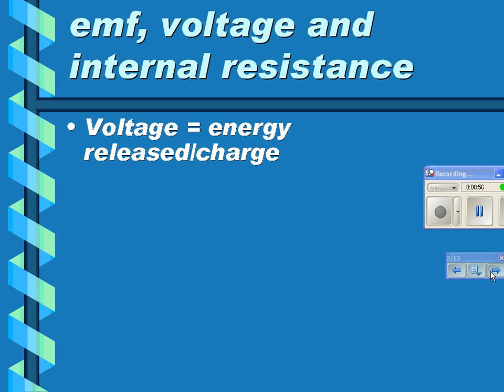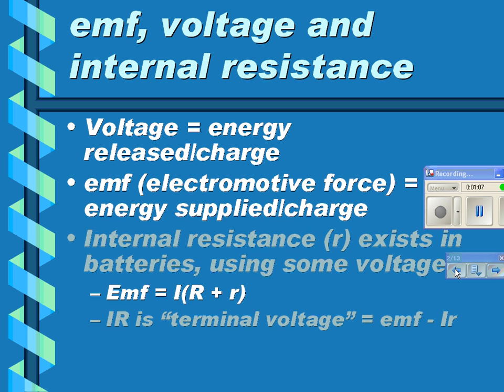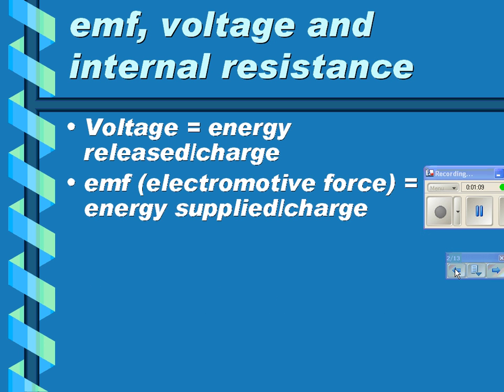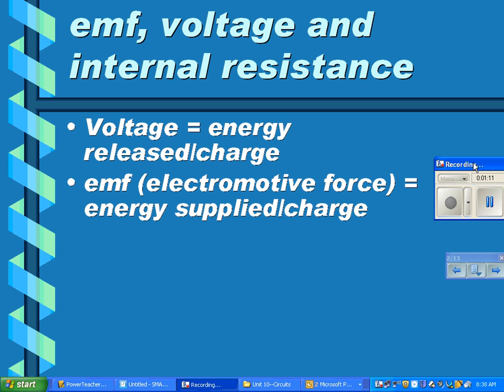We say a light bulb consumes a certain amount of volts, or there's so much voltage by that resistor. EMF, which stands for electromotive force, is exactly the same thing, except rather than being used, it's being created. So in a battery, we say it's a 9-volt battery.